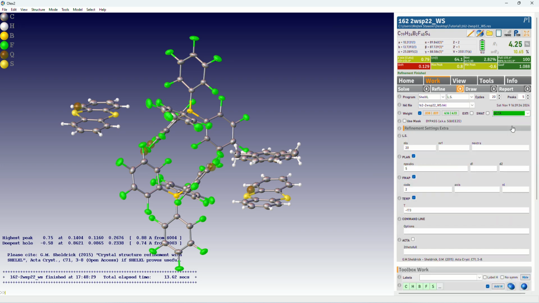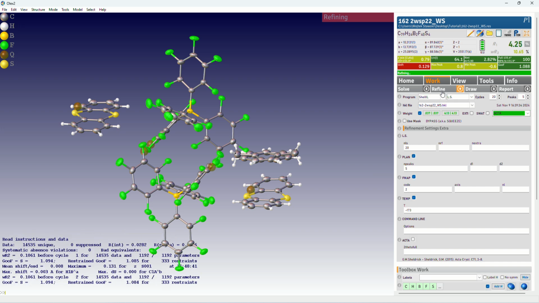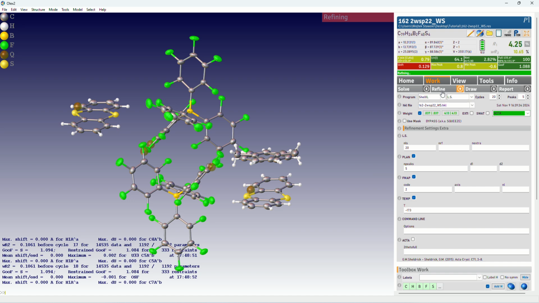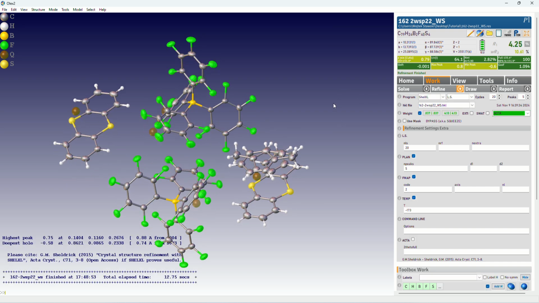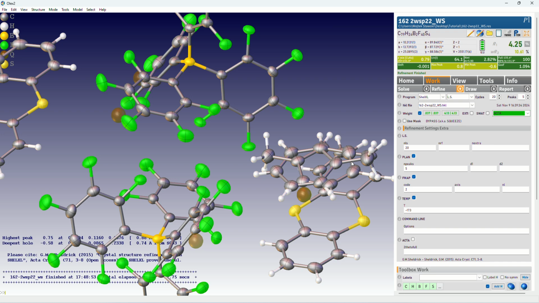If we do ACTA, it means that Olex will actually create the CIF file that we will be able to pass through CheckCIF. Okay, that looks optimized.